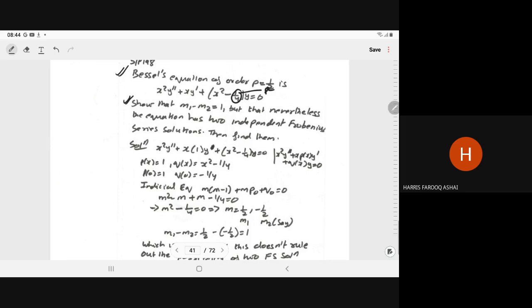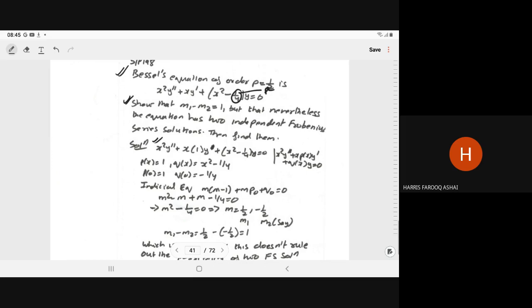So m1 minus m2 is an integer, but nevertheless the equation has two independent Frobenius series solutions. In this case we have the equation x square y double dash plus x y dash plus (x square minus 1 by 4) y.